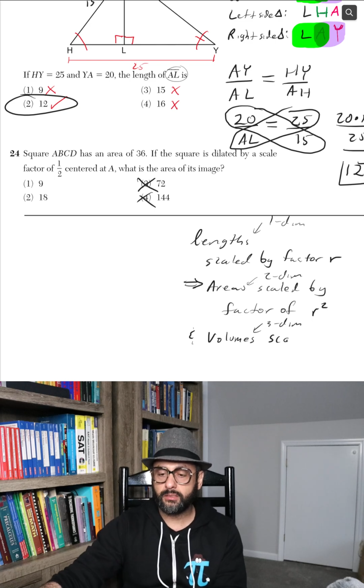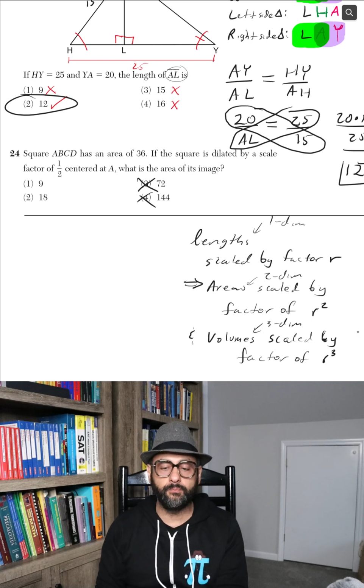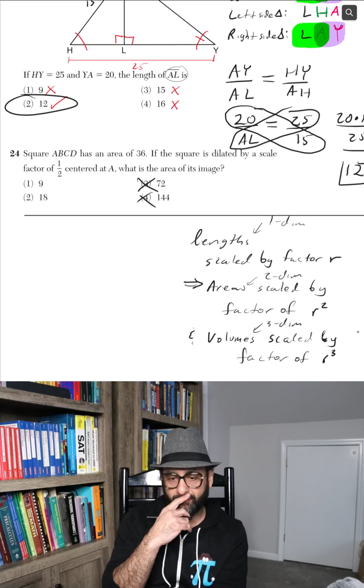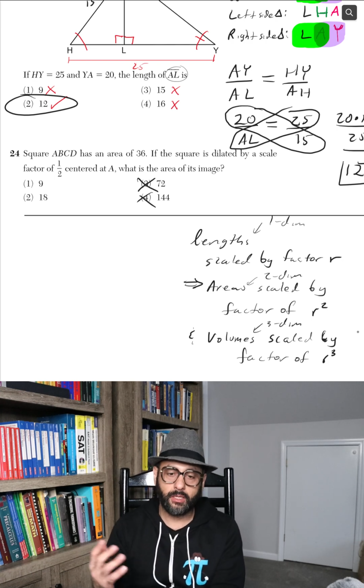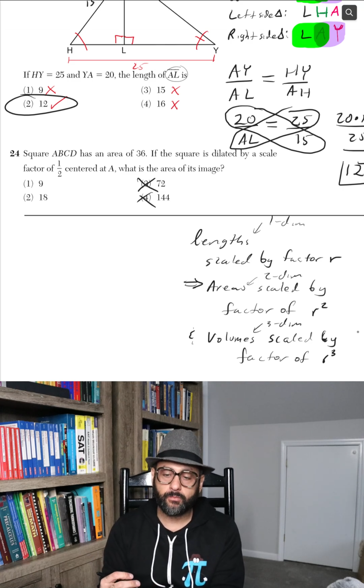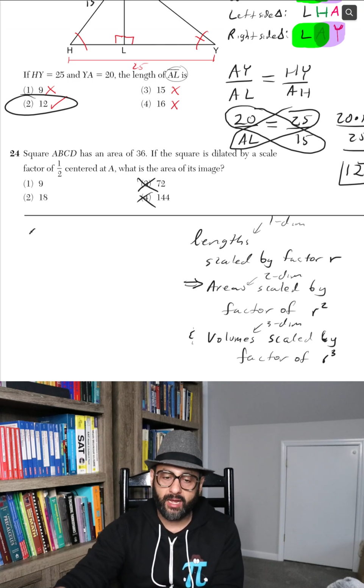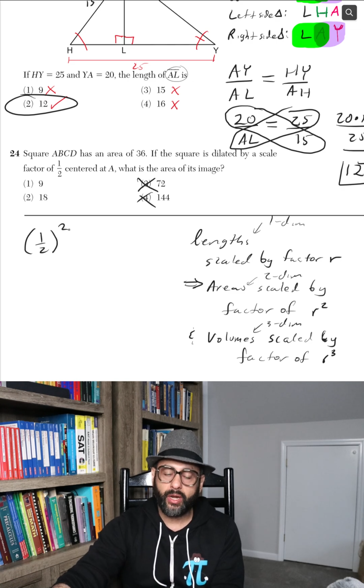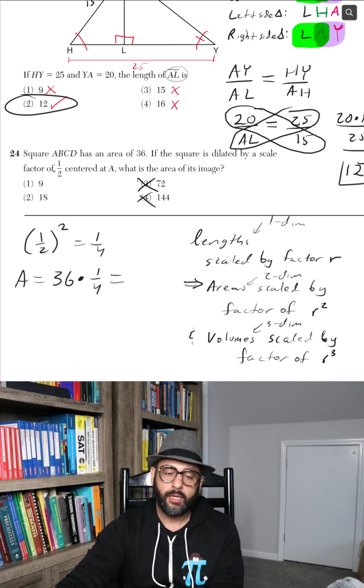Volumes are scaled by a factor of R cubed. Okay? So the area is scaled by a factor of 1/2 squared as 1/4. 36 times 1/4 would be your answer. So 1/2 squared is equal to 1/4, and so the area is equal to 36 times 1/4, which is equal to 9.